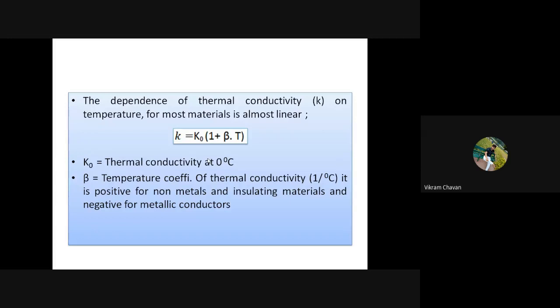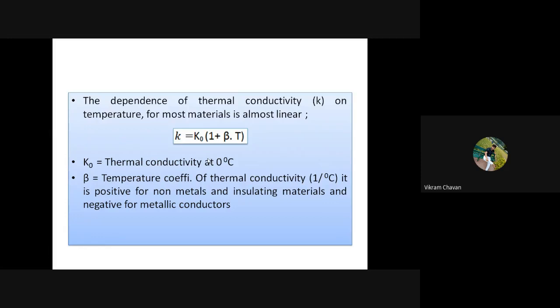Next, now we have summarized this thermal conductivity variation with temperature with one equation. Okay, we have summarized this particular temperature variation of thermal conductivity in one equation, and that equation shows the dependency of thermal conductivity.